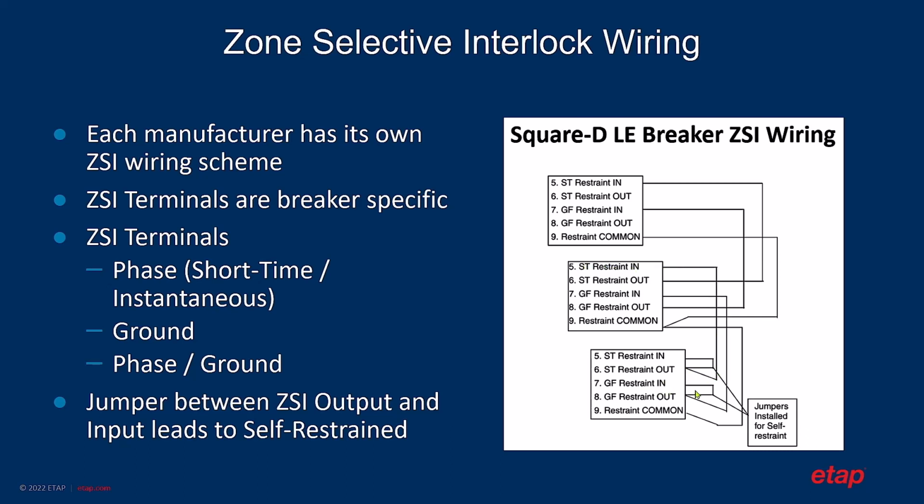And also for the ground terminal, you have a wiring sending the signal to the upstream. Also in this middle upstream breaker, the output signal is wired to the top upstream breaker. So that is the complete ZSI wiring scheme specifically for the Square D LE breakers.